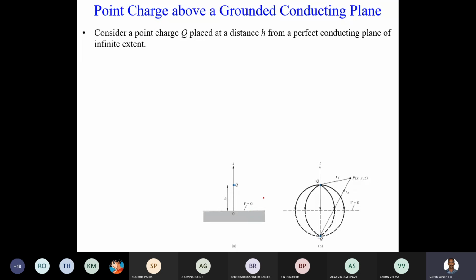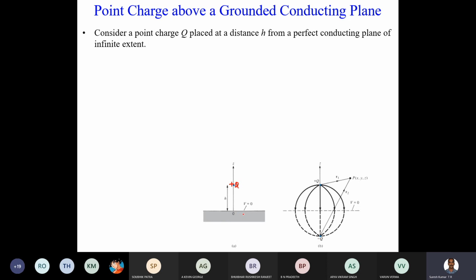Now let us prove that replacing the charge above this infinite conducting system is equal to the image of the charge and an equipotential plane. For that, consider this picture where a positive charge is kept at a height h above this infinite metal body, and this metal body is at V equal to 0.